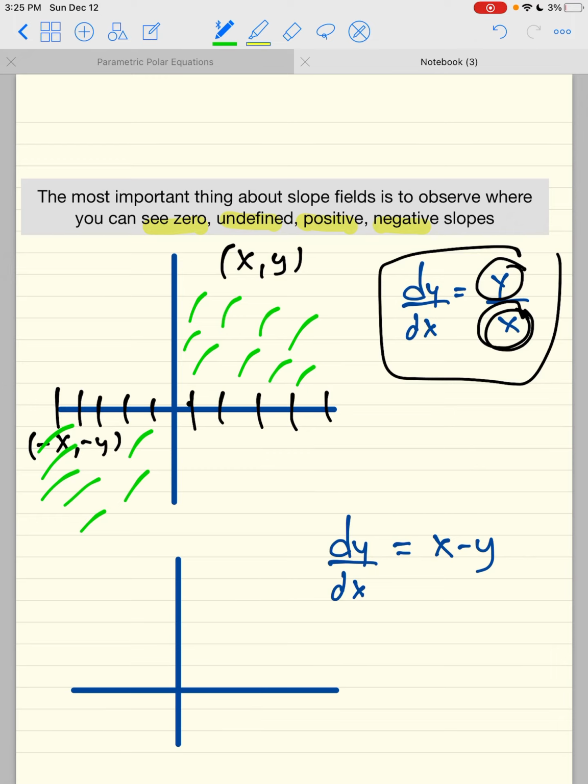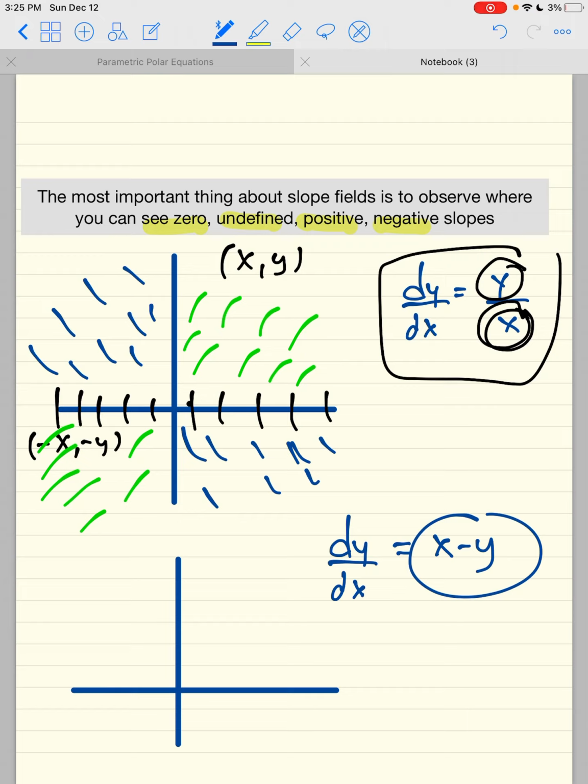And when x and y are opposite signs, all my slopes will be negative. I don't know how steep they're going to be, but that's pretty much it. What about dy/dx equals x minus y? Try to figure out where it's going to be 0. So just set this equal to 0.